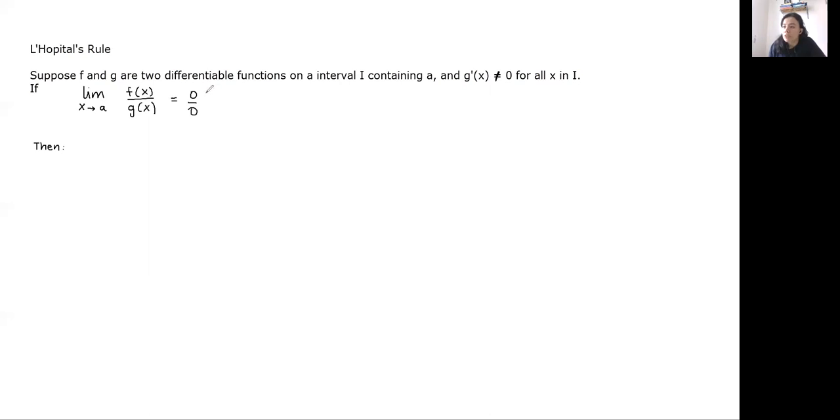We know that we can't evaluate this limit because it's an indeterminate form, 0 over 0, and so that means we're going to go instead and evaluate the limit as x goes to A. But now instead of evaluating it for f of x over g of x, we're going to evaluate it for their derivatives. So instead of evaluating the limit for the ratio between the functions, we're going to evaluate the limit for the ratio between their derivatives. Remember, this is the last thing that we did last time. We did one example, and then today we're just formulating the same thing that we did.